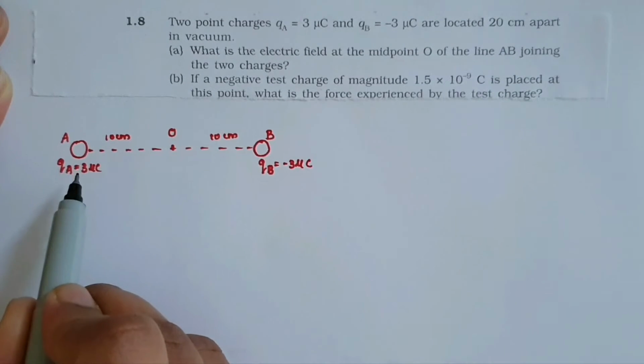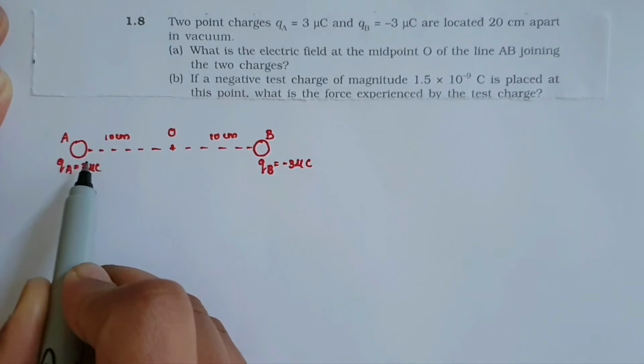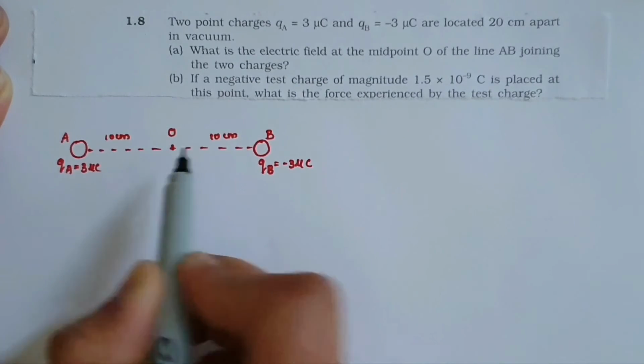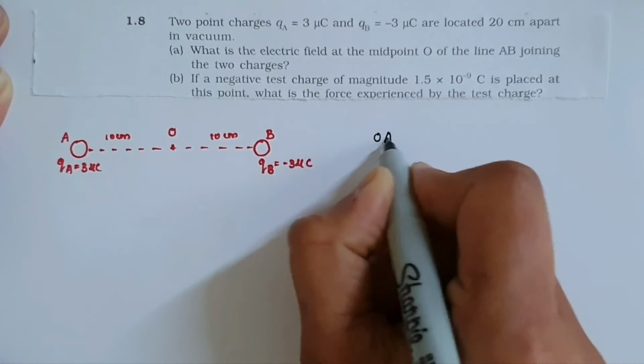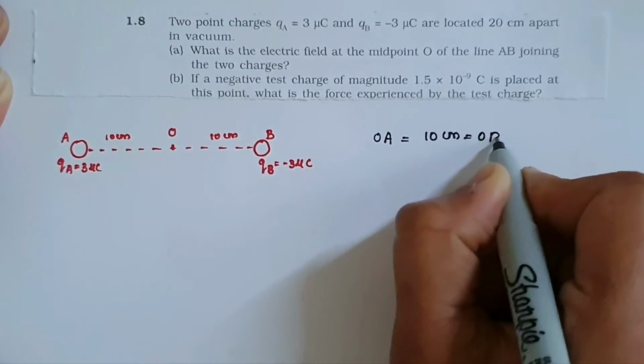Consider two charges QA and QB. They are separated by a distance 20 cm. Let O be the midpoint. Therefore, OA and OB are equal to 10 cm.